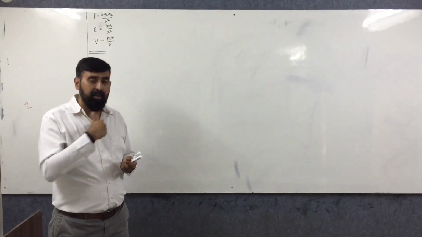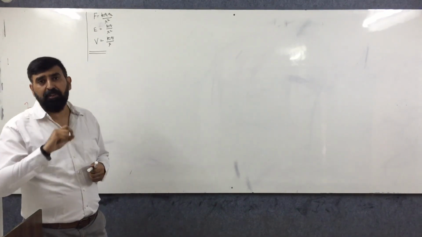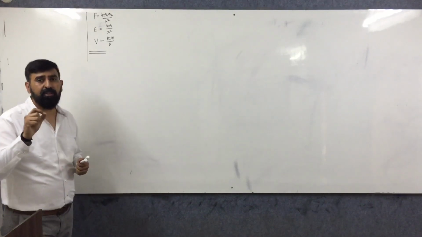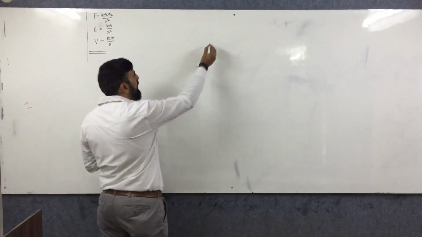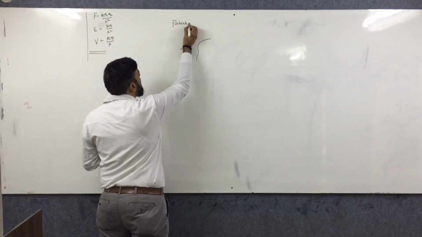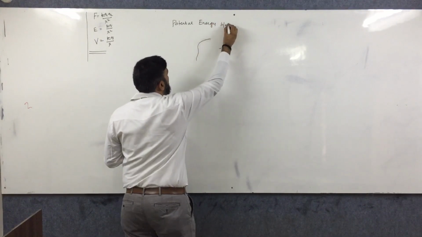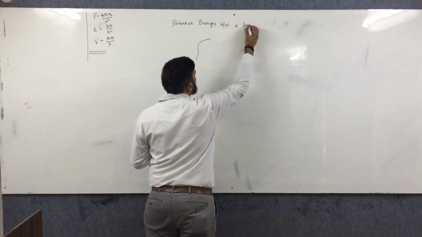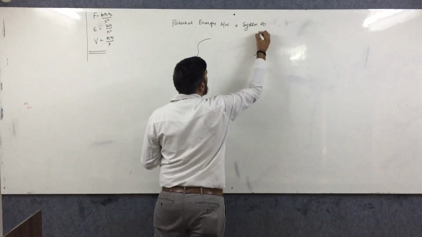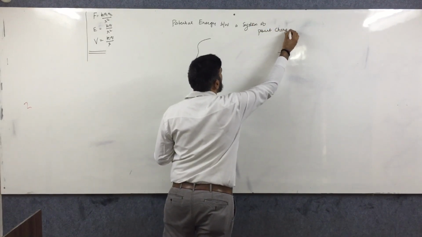In a similar fashion, we'll try to find out the electrical potential energy, electrostatic potential energy between a system of charges. Let's say the topic is potential energy between a system of point charges, isn't it?